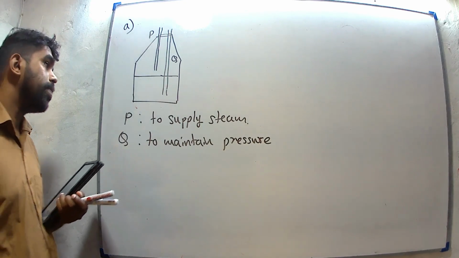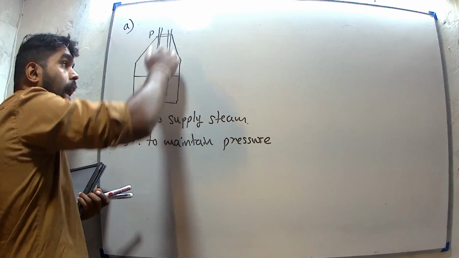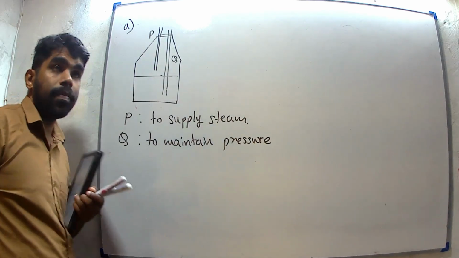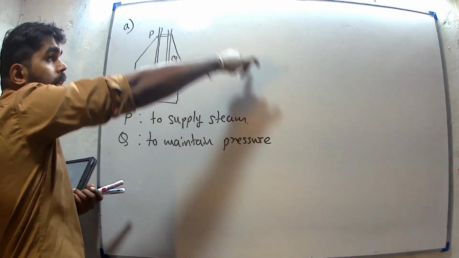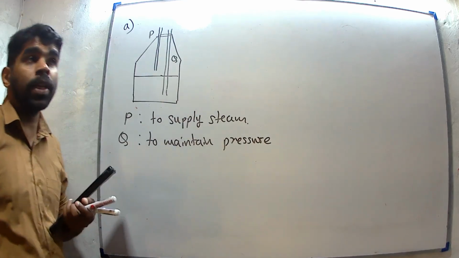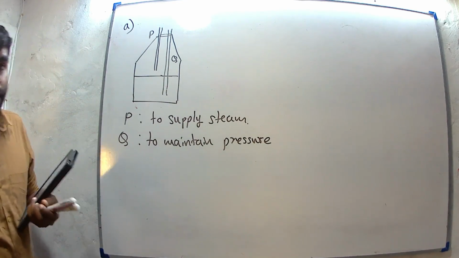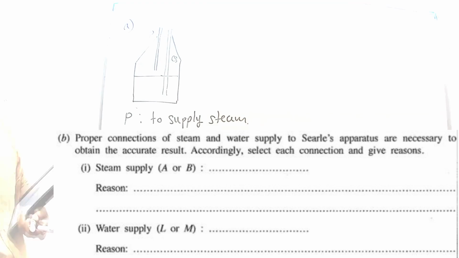If we are using the Q tube as a non-immersed tube like this, then steam will flow out through the tube Q. Therefore, we have to immerse it in water. It is only to maintain pressure. Then part B.